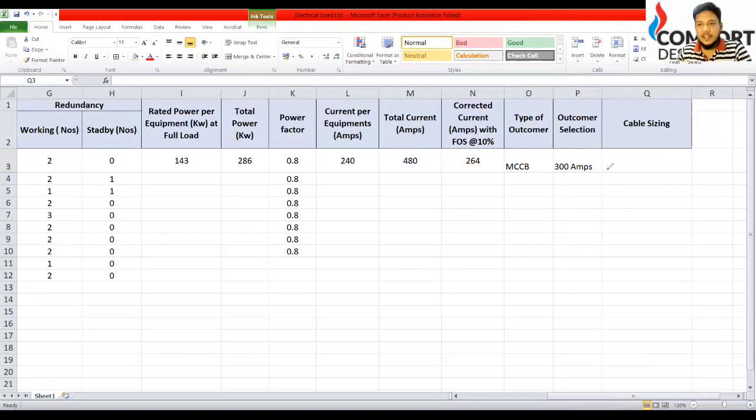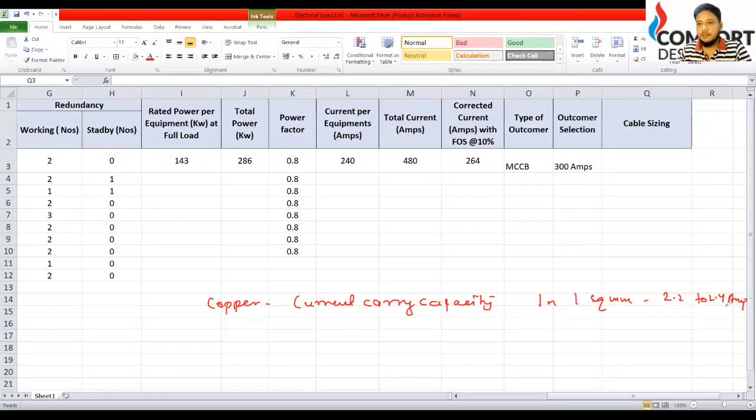Let me discuss a few things. For copper, the current carrying capacity in 1 square mm is 2.2 to 2.4 amperes.